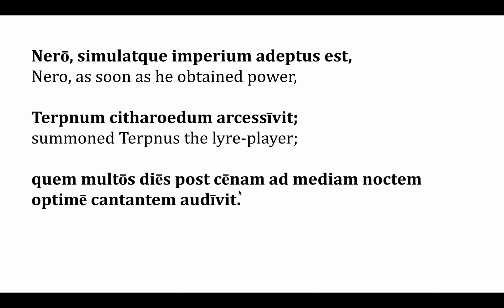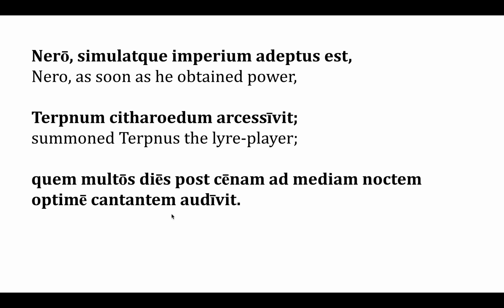And then post canam, after dinner, post plus accusative, after dinner, ad mediam noctem. So ad means to, or all the way to, or until, the mediam noctem, the middle of the night. And then optime is the adverb of optimus, so it means very well or excellently.